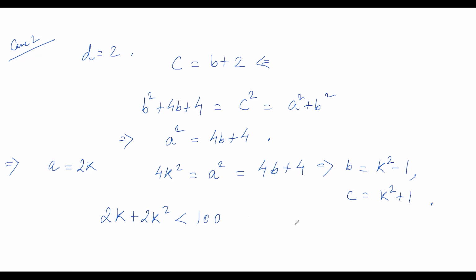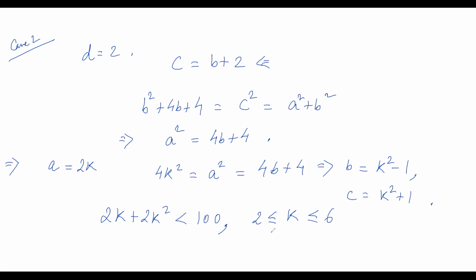And now as you can see, the values for which this inequality will get satisfied is k will range from 2 to 6. Now you might ask, why is k not equal to 1?